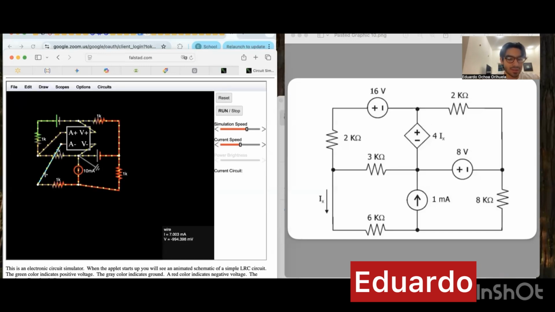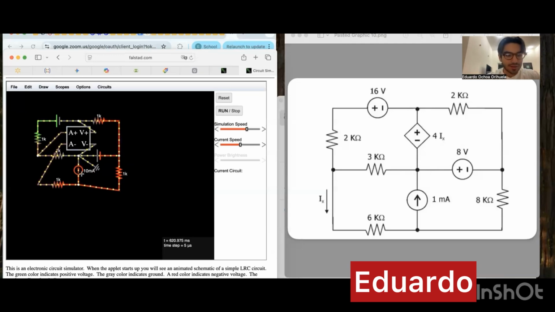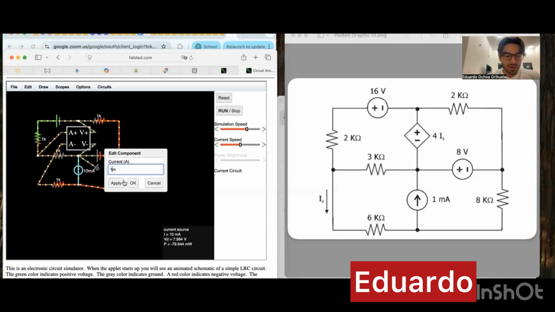And as we can see right here, I might be missing some things. It's very important that we have the correct values, because if not, our simulation is going to be completely inaccurate. Here we have 1 milliampere. Up here at the top, we have 2 kilo ohms. Down here, we have 8 kilo ohms. Down here, we have 6.